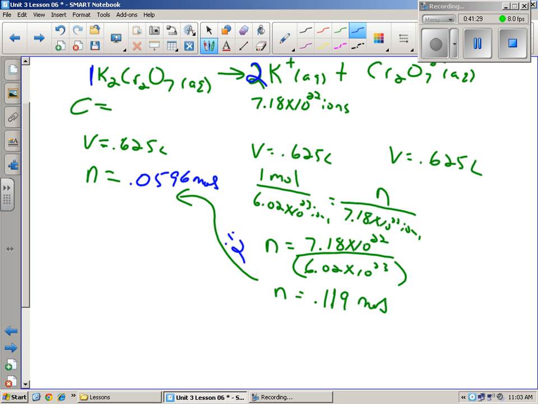I have N, I have V, we divide them, and I get, finally, moles per liter. Concentration of potassium dichromate that I would have started with to make this, basically make this solution. Okay?